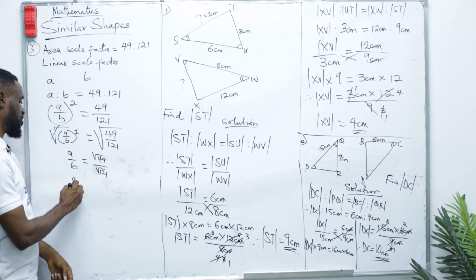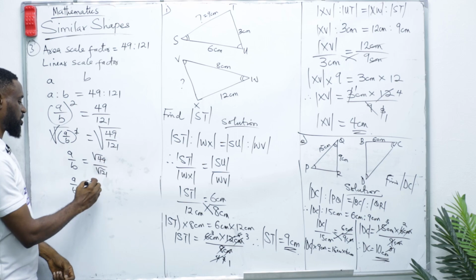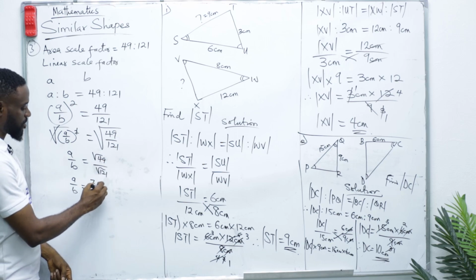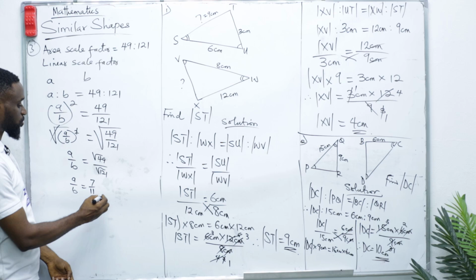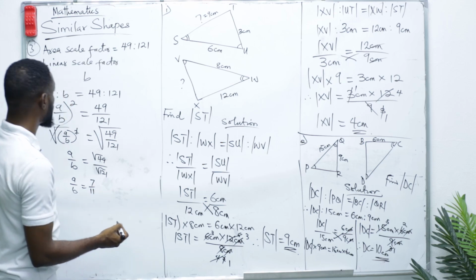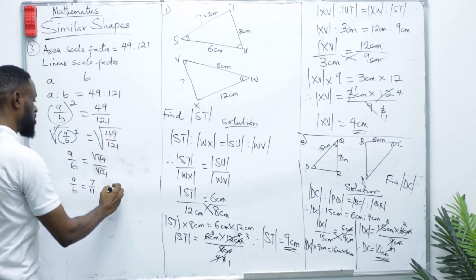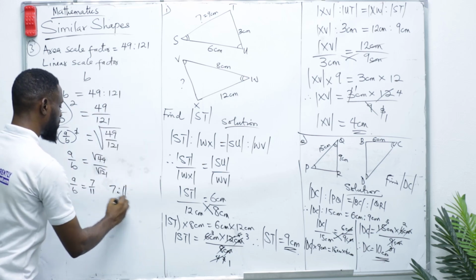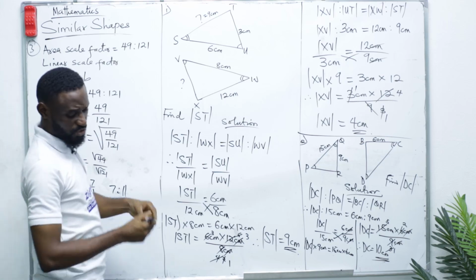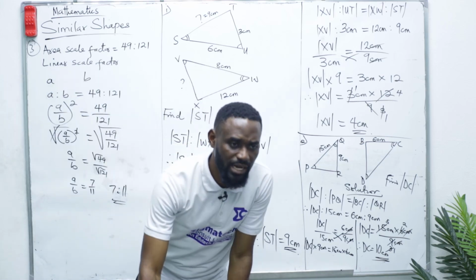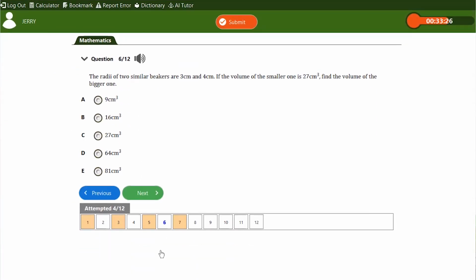Root of 49 is 7, while that of 121 is 11. So the linear scale factor is 7:11, and that is option C, 7:11.